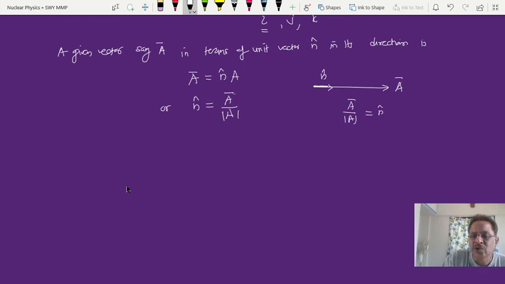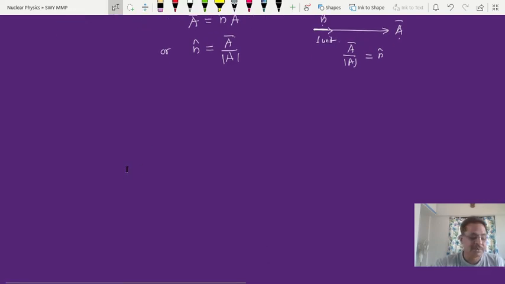The direction of this unit vector and of vector A is the same. The magnitude of A is much larger, and the magnitude of n cap is just 1 unit. In that sense it is defined as a unit vector. You have used this definition several times earlier, so we need not go into it.